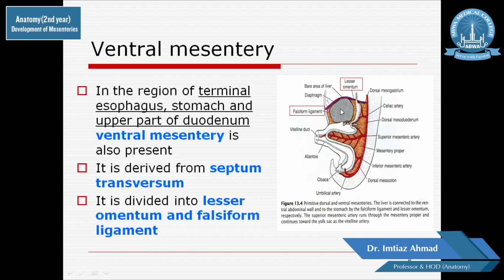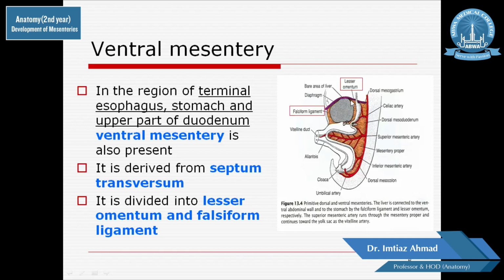So here it also forms attachment of the stomach to the anterior abdominal wall. Okay. Its attachment to the anterior wall of the abdomen is interrupted by the developing liver over here. So between the liver and the stomach, it is known as the lesser omentum.